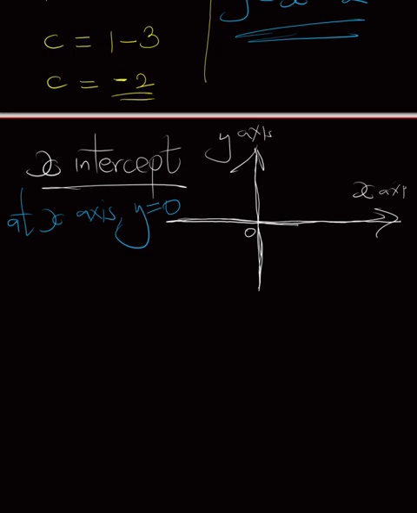Let's find the other very important point, the y-intercept. That is the point at which the line cuts the y-axis. This is the y-axis.